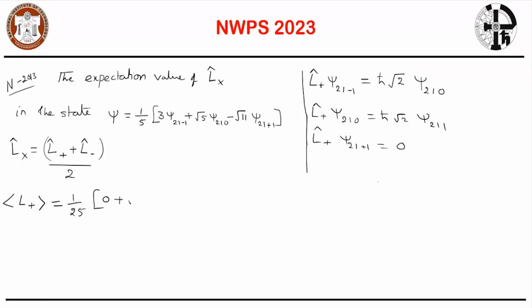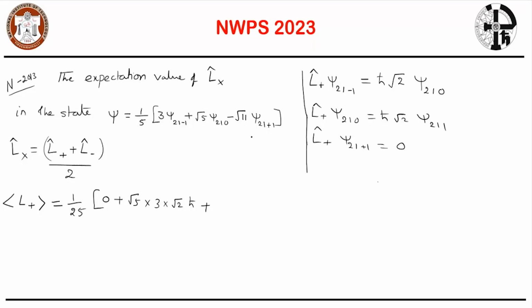That is root 5 times 3, and root 2 times h cross. Yes, this is correct.